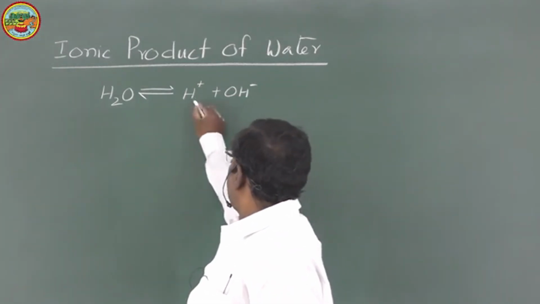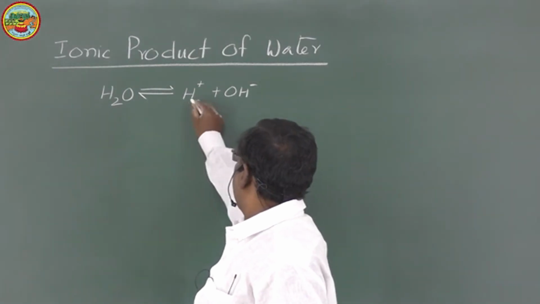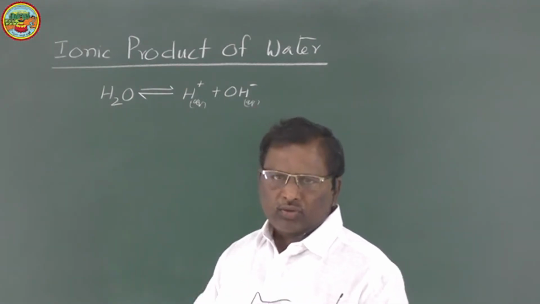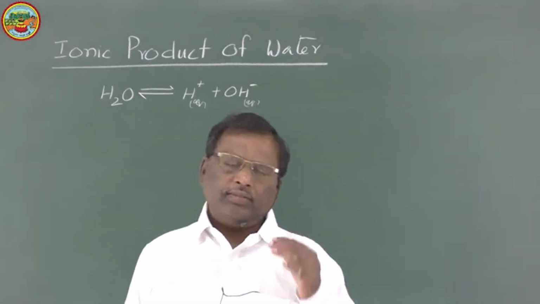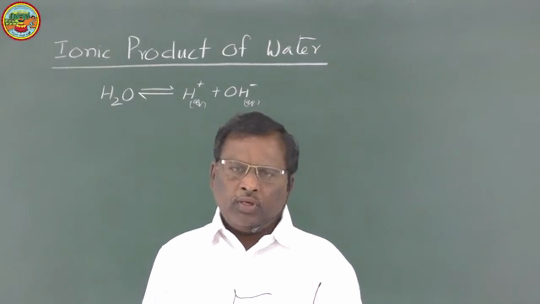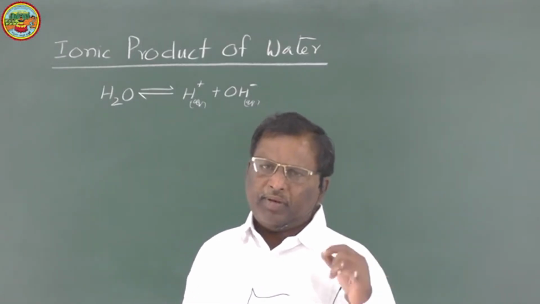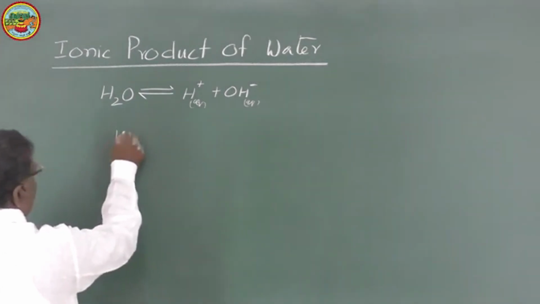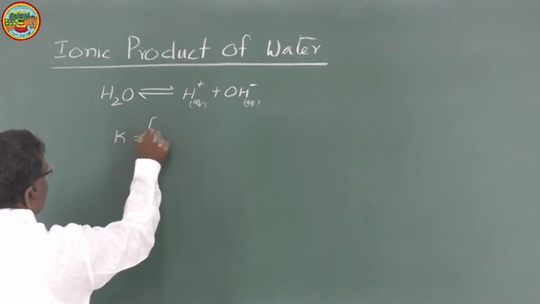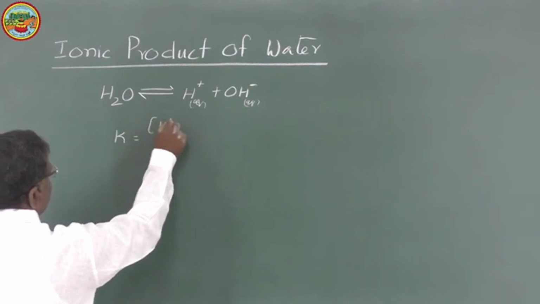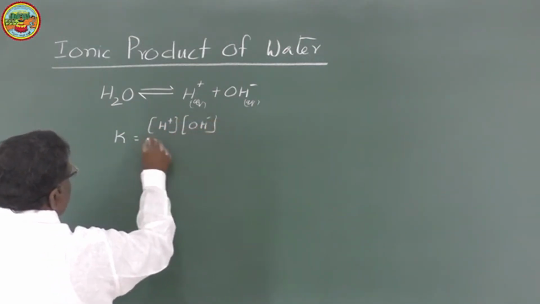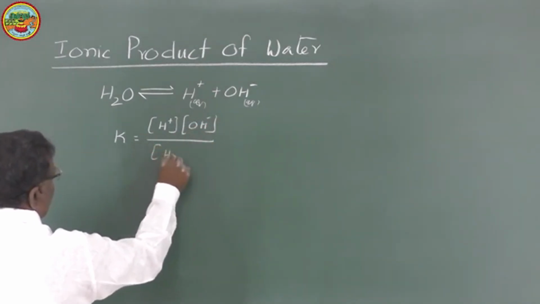These also exist as aqueous ions, H+(aq) and OH-(aq), that means associated with water molecules. So it is in equilibrium. If we write an equilibrium constant for this reaction, K is equal to the concentration of H+ ions times the concentration of OH- ions divided by the concentration of H2O.